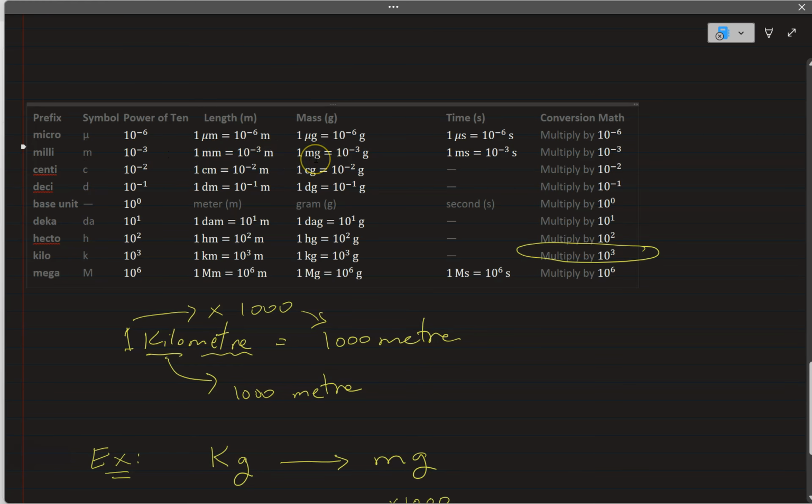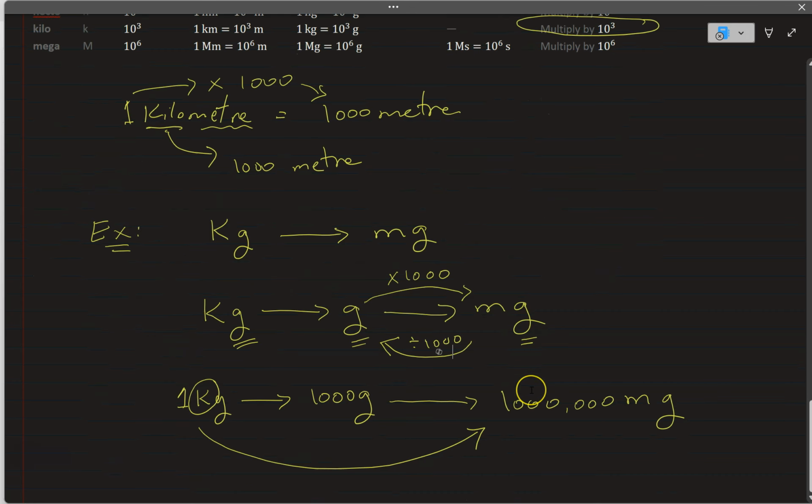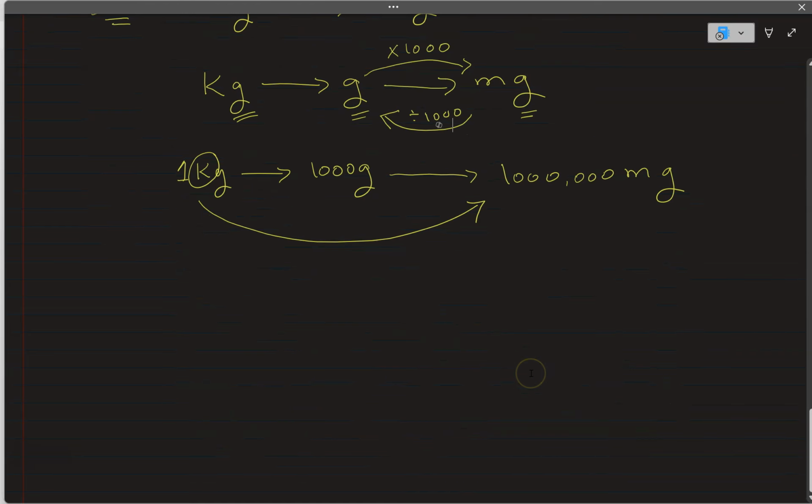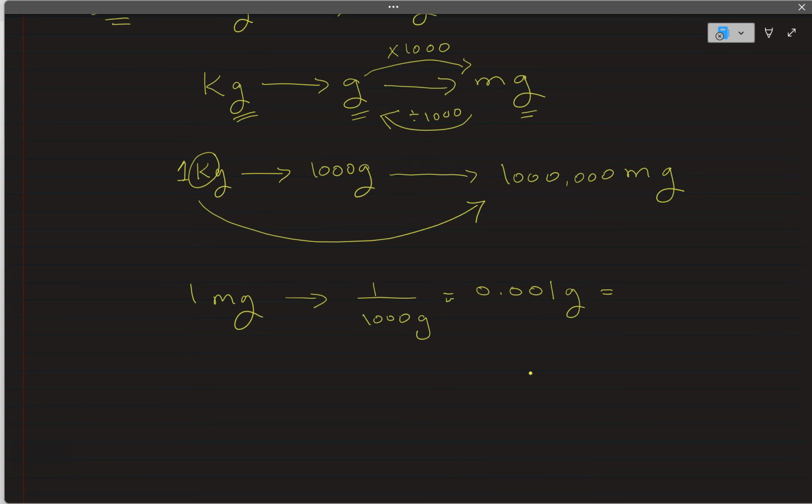So let's do the backwards. What is 1 milligram? When I say divide, well, 1 milligram is 1 over 1000 gram, which is 0.001 gram, which is 10 to the power of negative 3 gram.